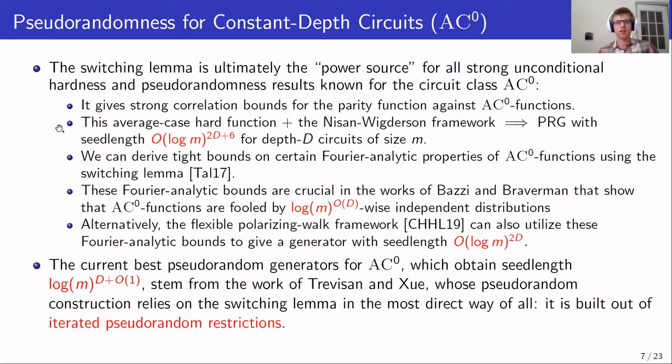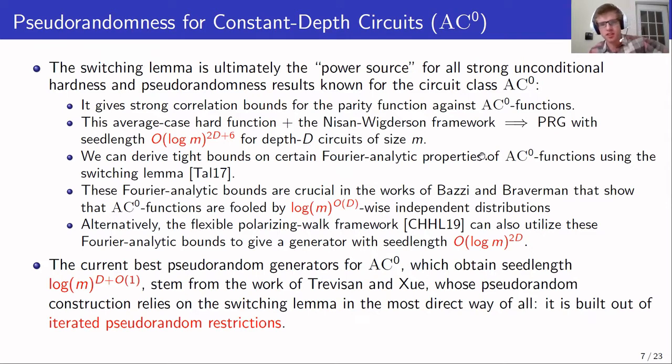And then you can take this average case hard function and plug it into the generic Nisan-Wigderson framework and get a PRG with this seed length: log m, where m is the size of the circuits, to the 2d plus 6, where d is the depth.